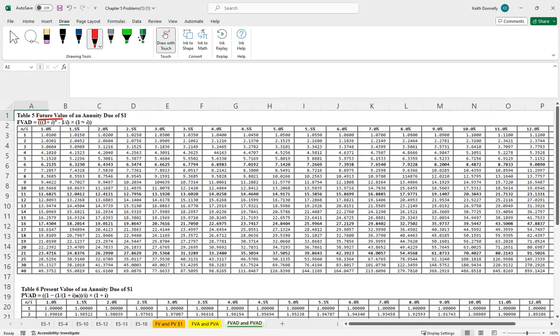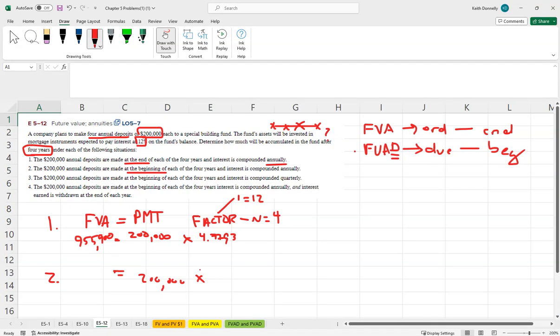Right, so it's future value of an annuity due. N is 4, I is 12, and then we'll go 1, 2, 3, 4. We're looking at 5.3528. Try to write that as clear as possible.